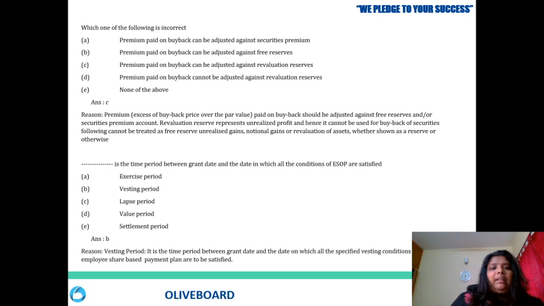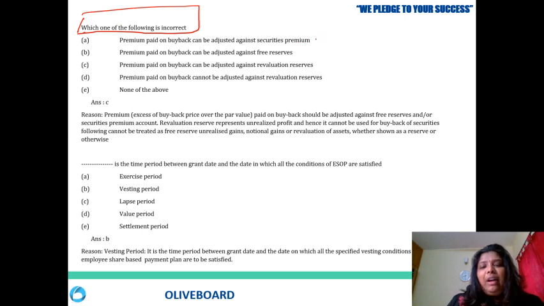Now, next question is, which one of the following is incorrect? Remember, for these type of questions, you have to read through all the options. Then you have to pick the one that is asked for, whether it is correct, wrong, or incorrect. Why are these type of questions asked?